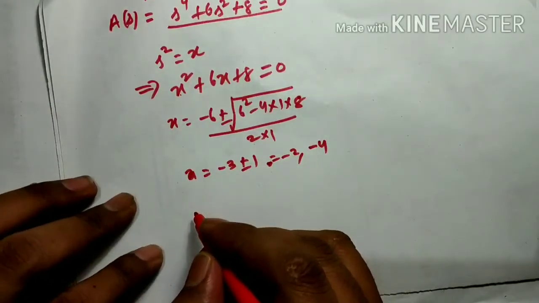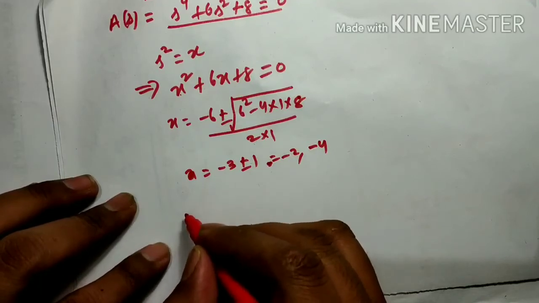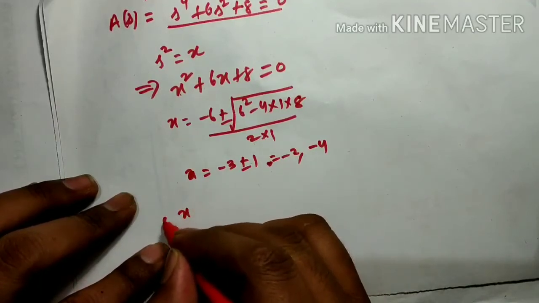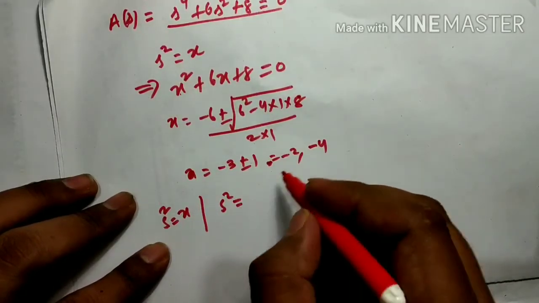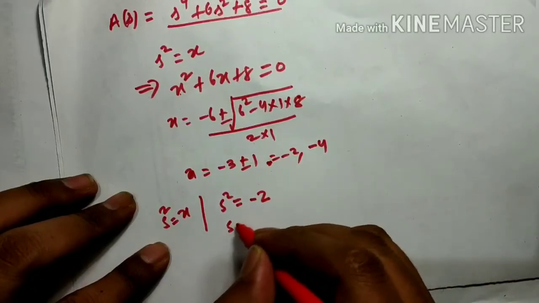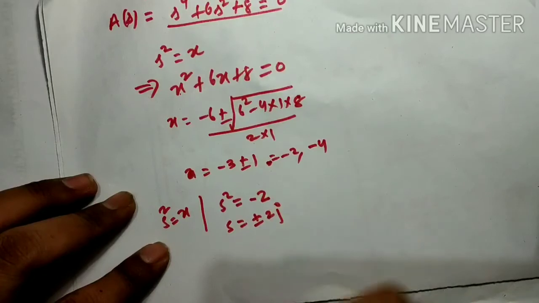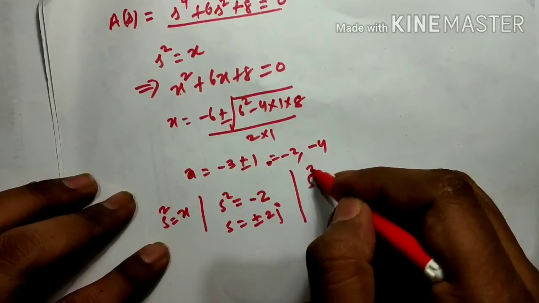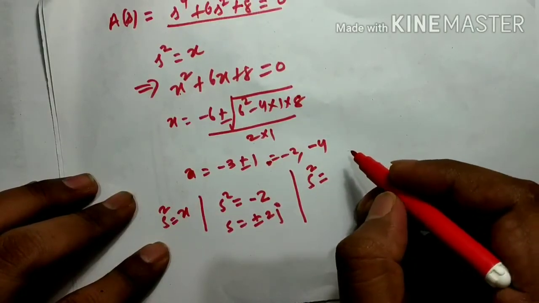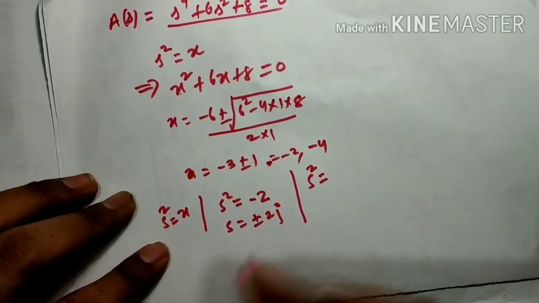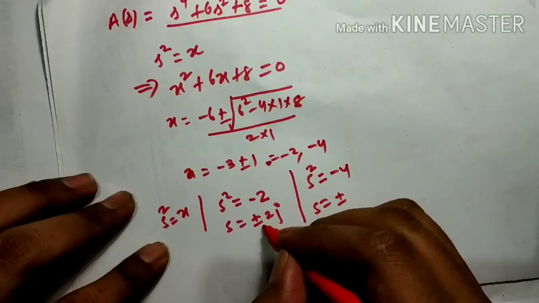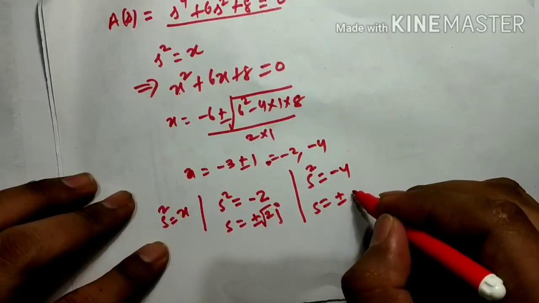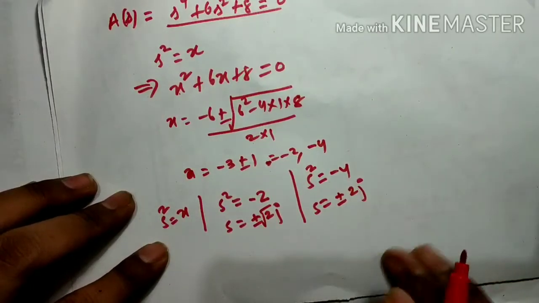You know that s square is equal to x. So for the first root, you put minus 2, so s is plus or minus root 2 j. For the other root, s square is equal to minus 4, so s is plus or minus 2j.